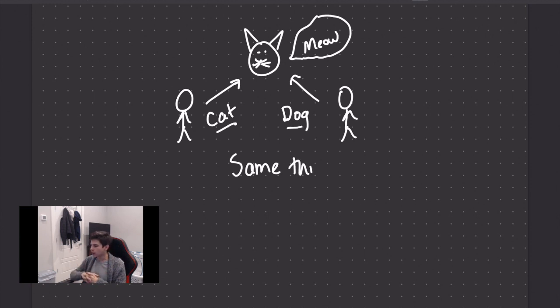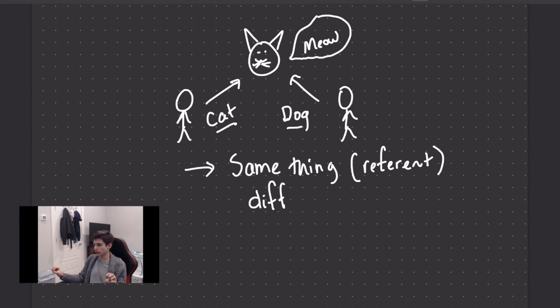But notice there's not really a difference in concepts. We do have the same idea, we differentiate the thing that says meow and the thing that barks, but we're using different representations of these things, right? And so you can have a whole debate about that.